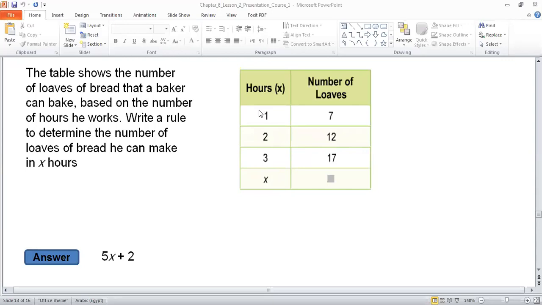We multiply this number by 5, and after that I add 2. 1 times 5 equals 5, and add 2, it equals 7. 2 multiplied by 5 gives me 10. 10 plus 2 gives me 12. 3 times 5 gives me 15, and add 2, it gives me 17.